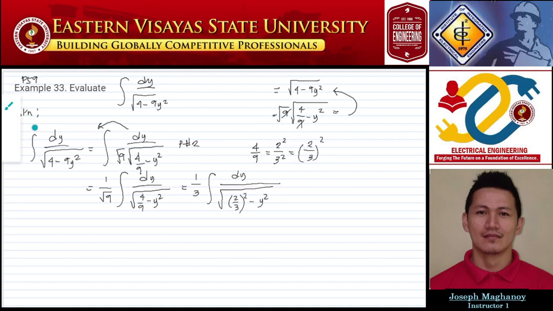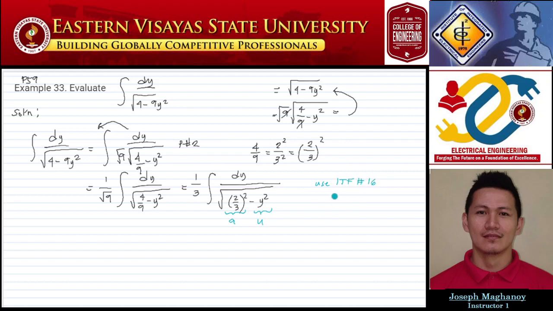Okay, if we evaluate our function, they are all in y, and this stands for our a constant and this is for our u. If we check again, our function is aligned, so we can apply our inverse trigonometric formula number 16.